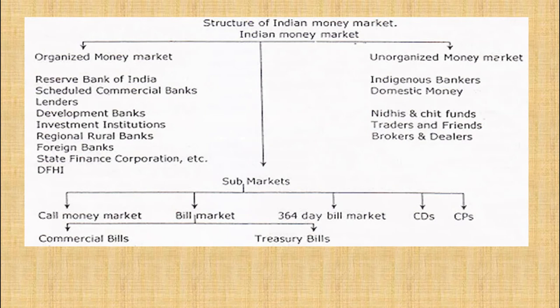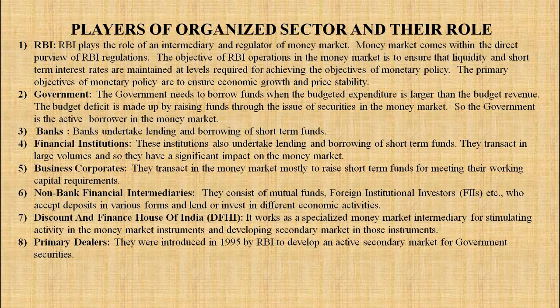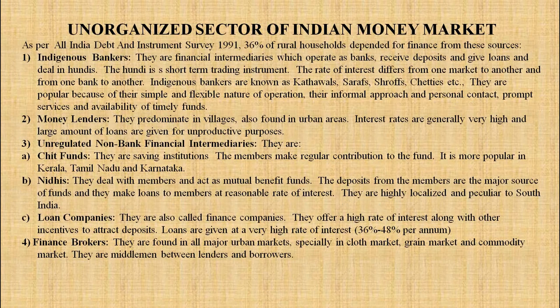Whatever things we are showing here are the players of organized sector and we discussed their role. So when the question will be there that explain the players of organized sector and their role in the Indian money market, you have to give these 8 points. Okay, now we are going to discuss about unorganized sector of Indian money market.